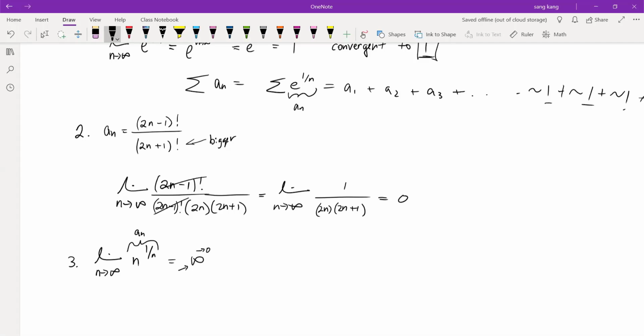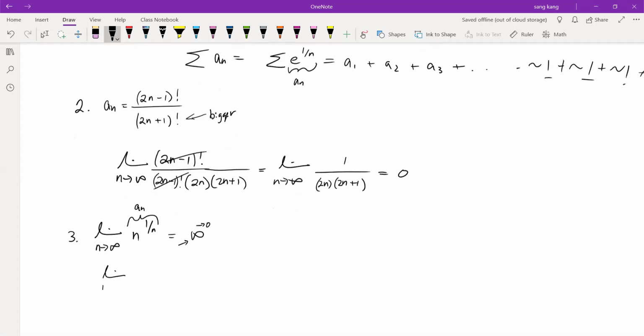However, we can use a little trick. We can write e to the ln of n to the 1 over n, right? E to the ln is the trick. It's really not doing anything to it. If you take e to the ln of something, it just goes right back to what's in the parentheses. But by doing this, first we can write e to the exponent out front.